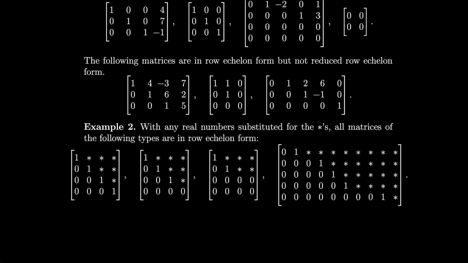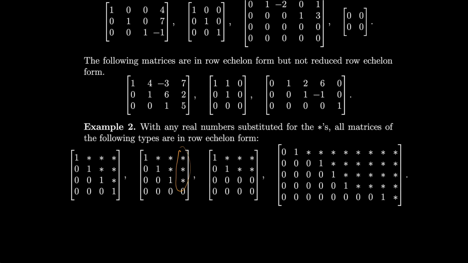With any real number substituted for the stars, all matrices of the following types are in row echelon form. So you could put any numbers over here for any of these, and they'll all be in row echelon form. To be in reduced row echelon form, these would have to be zeros because they're above a 1.